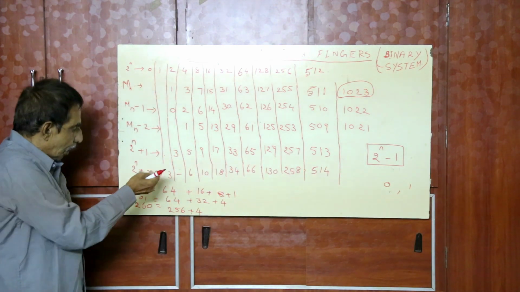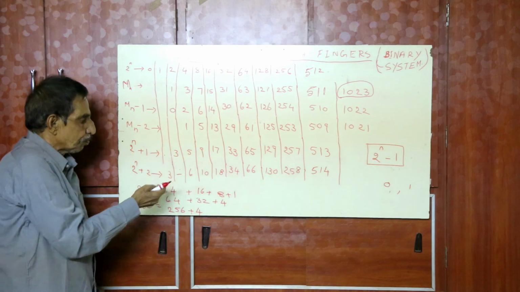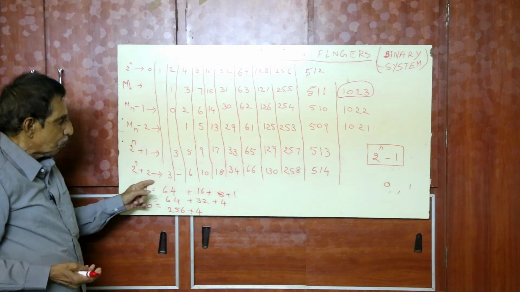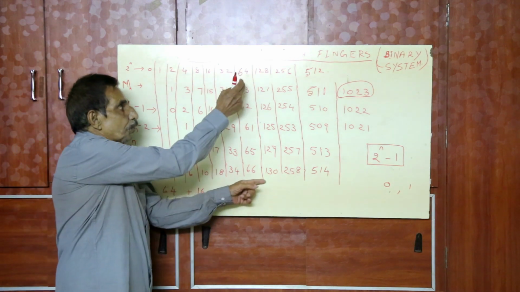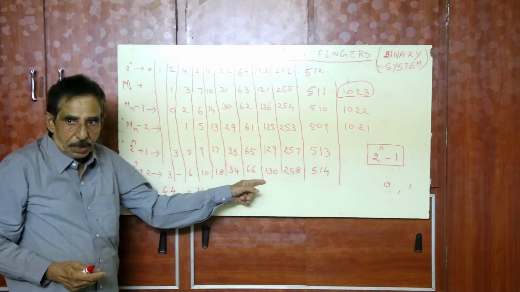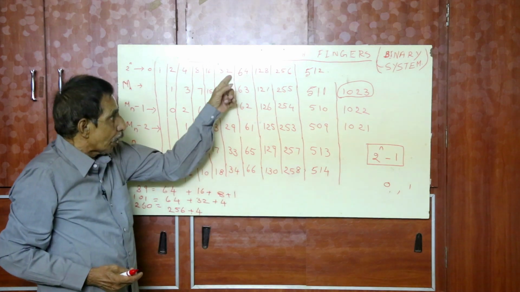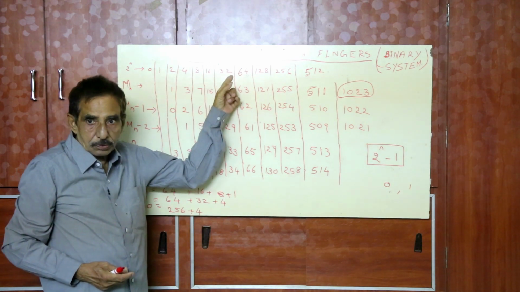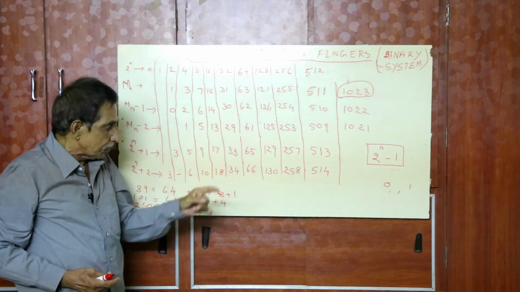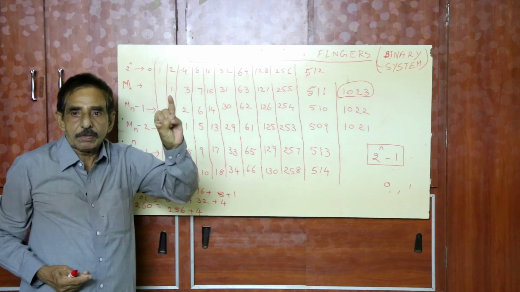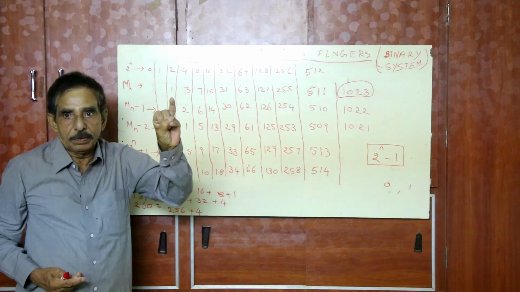Coming to these numbers, these row numbers are 2 more than 2 to the power of n numbers. To represent these numbers, you open for this 2 to the power of n numbers and to add 2, you open this finger extra.